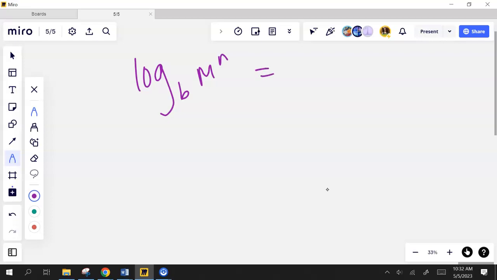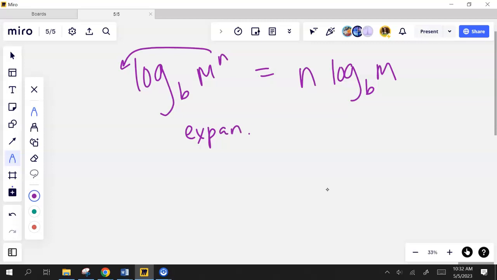So what happens, this one's kind of fun. This exponent comes around to the front and multiplies. It just, whoop, comes out in front. From left to right is expanding, and of course, from right to left is condensing.